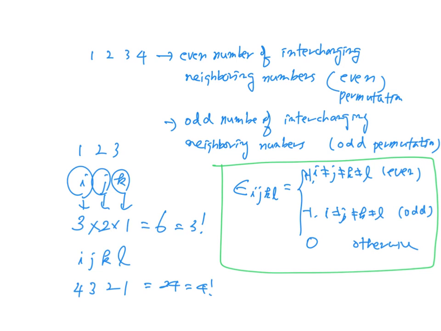So let's do some practice. This is just algebra. Start with 1, 2, 3, 4. For even permutations, we need to change twice, right? So you interchange these two, then you get 2, 1, 4, 3.